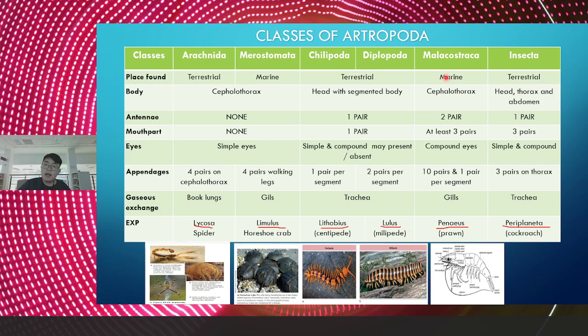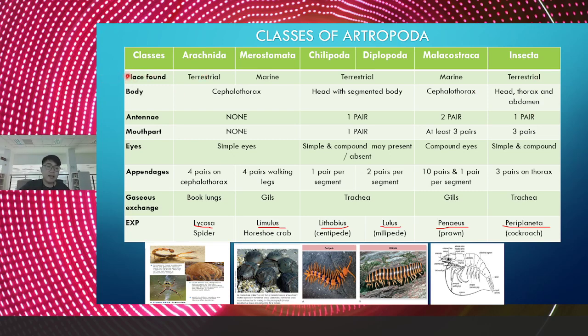Later I will explain. For Malacostraca, the example is prawn. And for Insecta I have put pictures of all types of insects, like cockroach, grasshopper, bees, and ants, which are also insects.